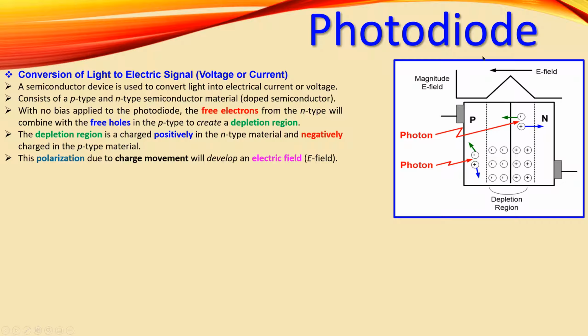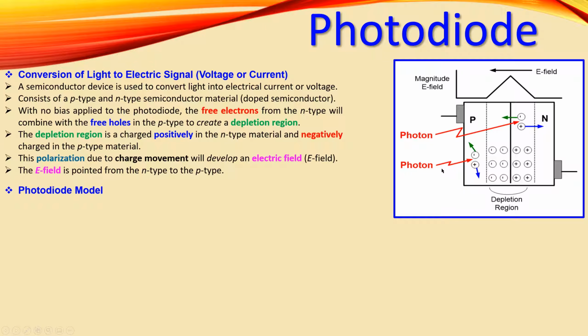The magnitude of this electric field is shown here. That will also cause the movement of the charges. So the electrons will move in the opposite direction of the electric field, and the positive charge will move in the same direction as the electric field. That is also what we see here in this diagram. This is already a built-in electric field.